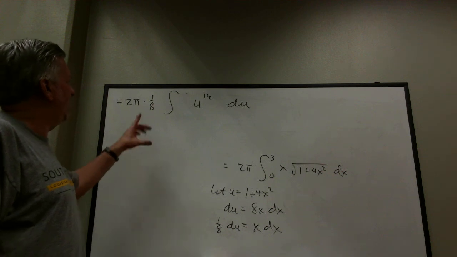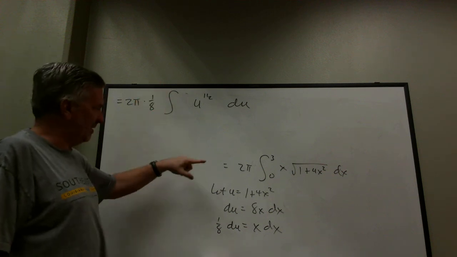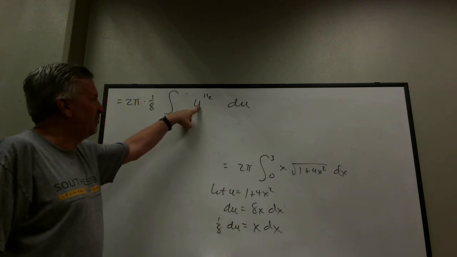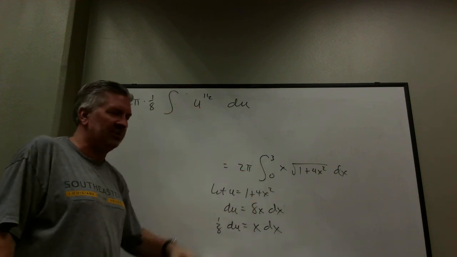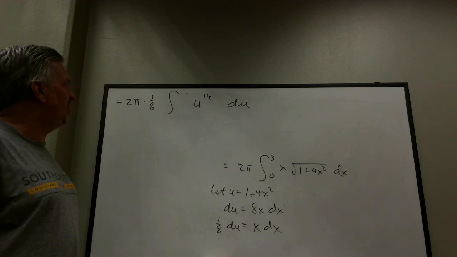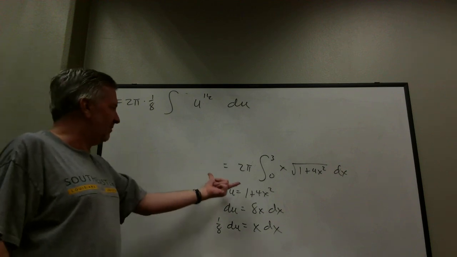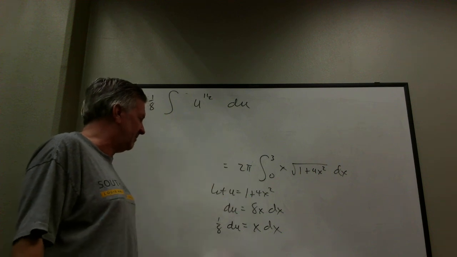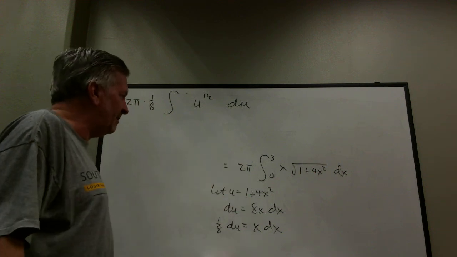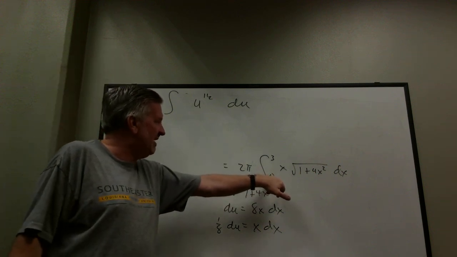And notice I don't mess with the endpoints till the end, because if I do the substitution and this turns out to be something I can't integrate, I've done a bad substitution. I have to try something else. So I always change the endpoints last, because there's no point changing endpoints first and then you realize you made a mistake with the substitution. So I'm going to change my endpoints now. So when x is 0, what's u?